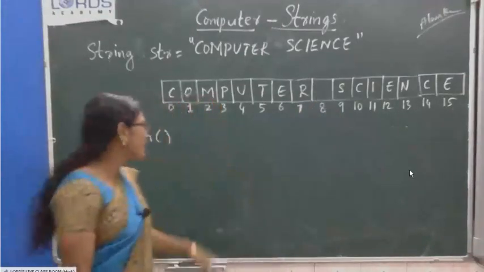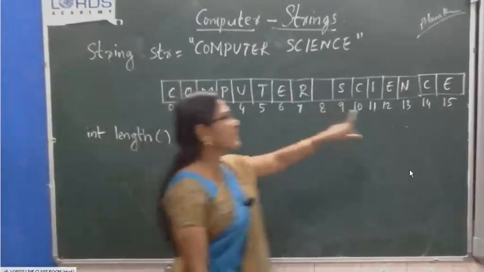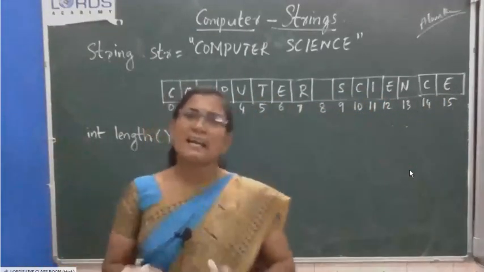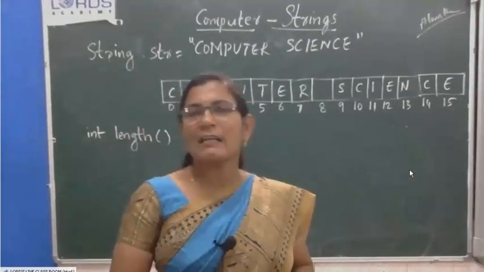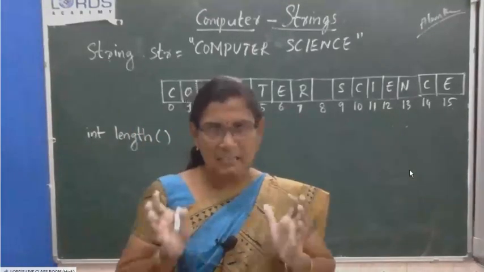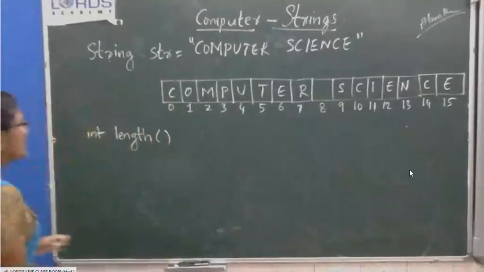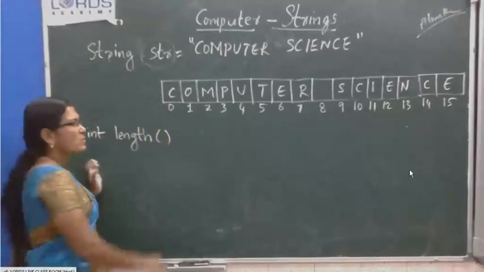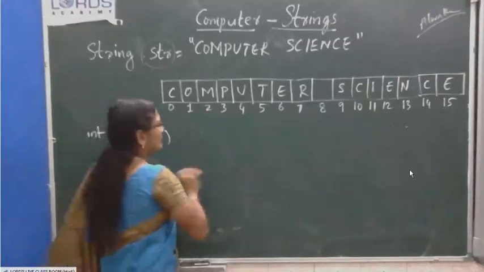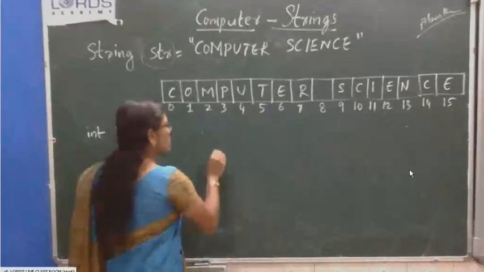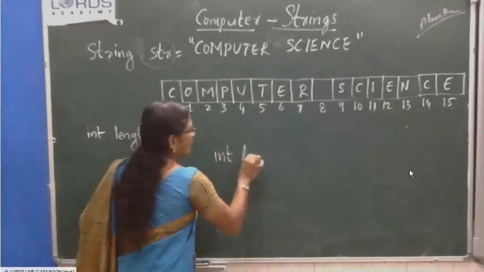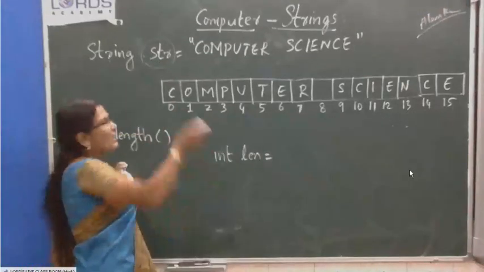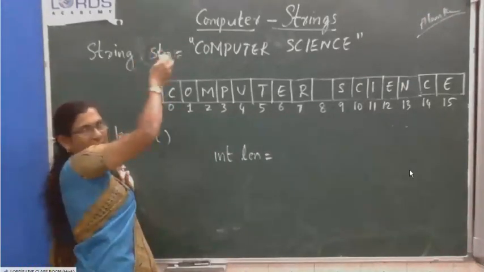Index number started from 0. It ends at 15. So, 0 to 15. Total 16 characters are there. Length function will give you how many characters are there in the specified string. Syntax is, we want to find out what is the length of the string str. So, we have to give the command like this, system.out.println, or say int l equal to the string variable whose length has to be found out.